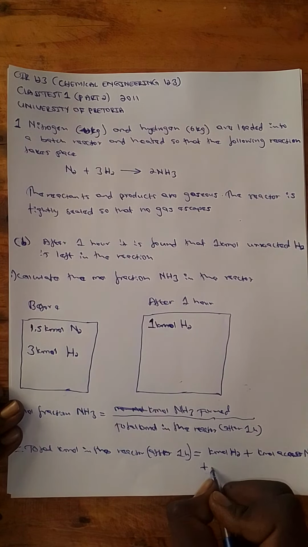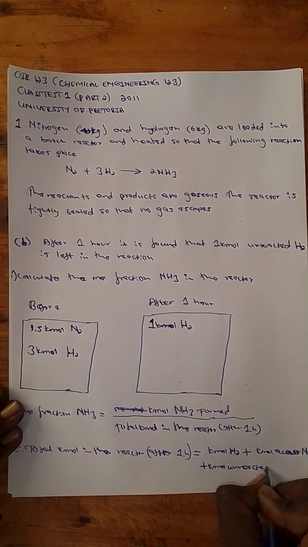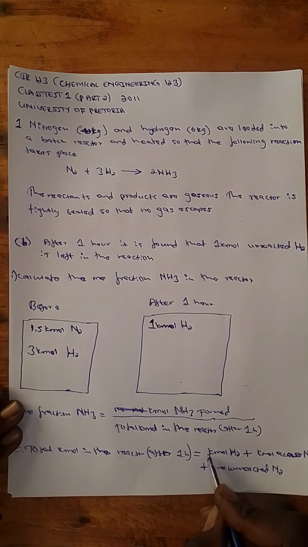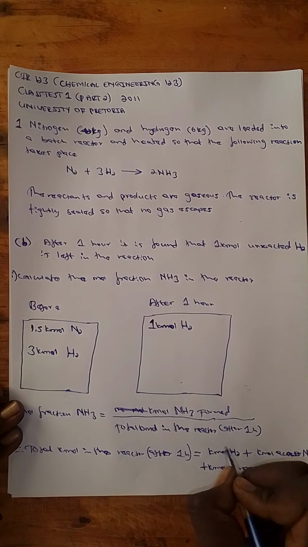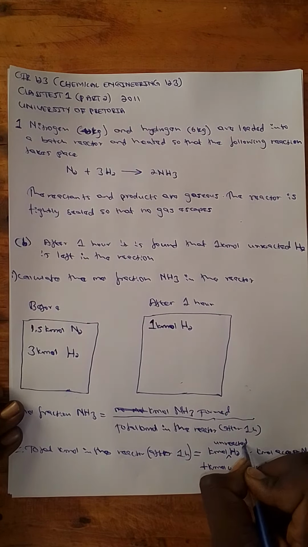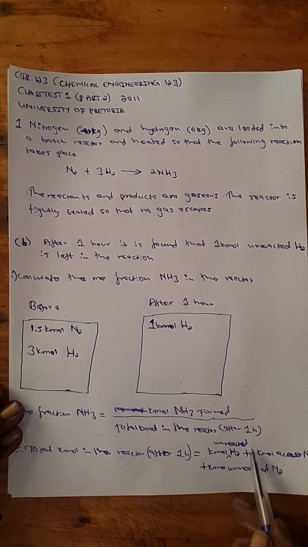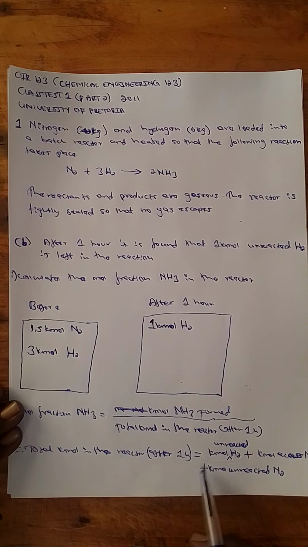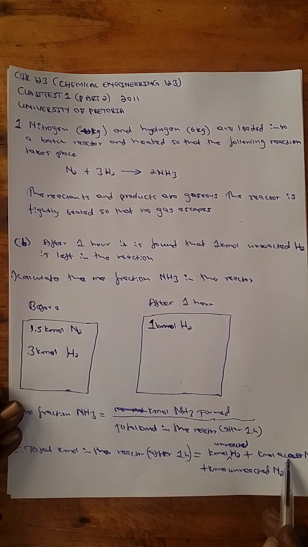kilomole unreacted N2, so that it can easily be followed. So we have the hydrogen that is unreacted after 1 hour, and we also have the nitrogen that should have reacted with this 1 kilomole of hydrogen. We will calculate that. And we have the kilomole of the excess nitrogen.